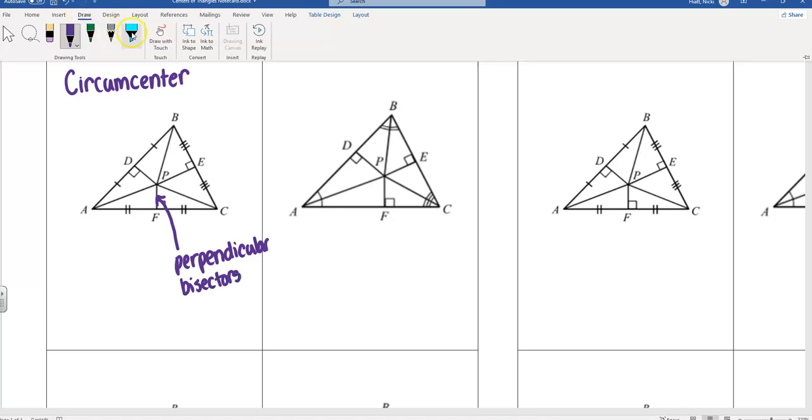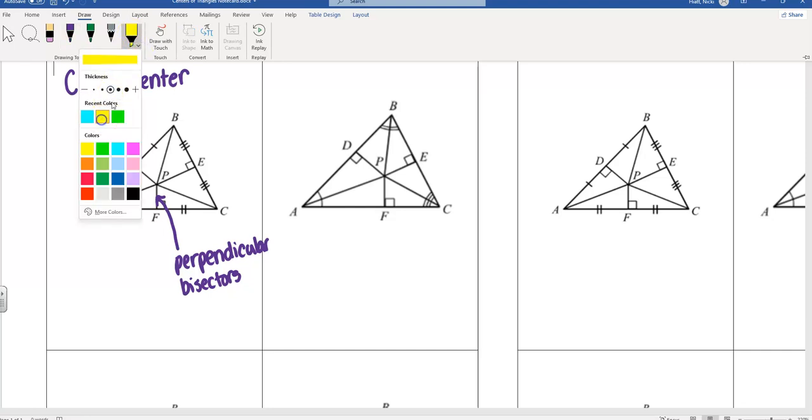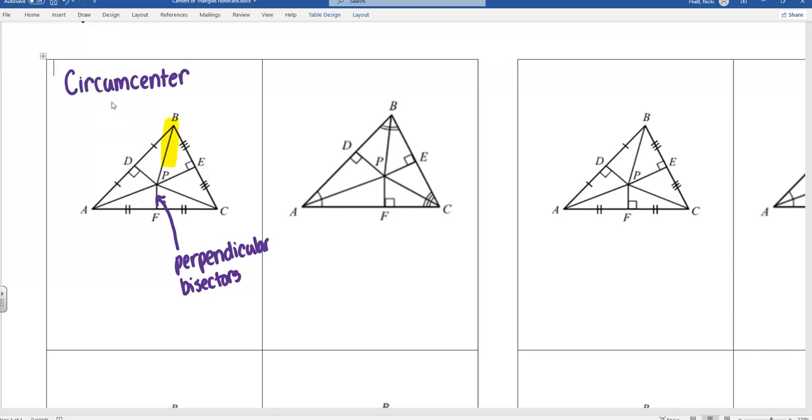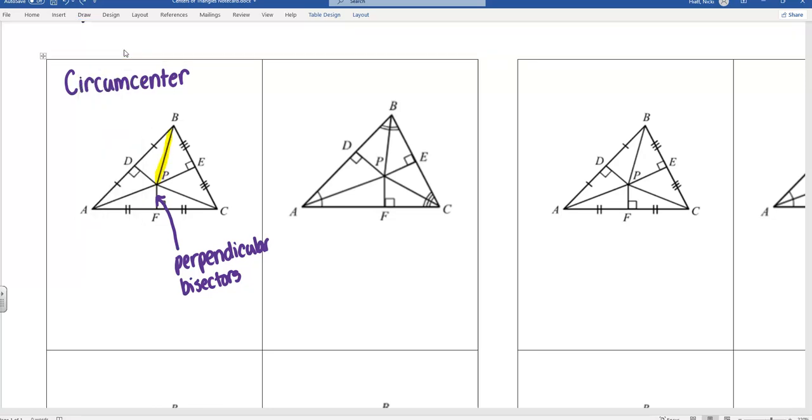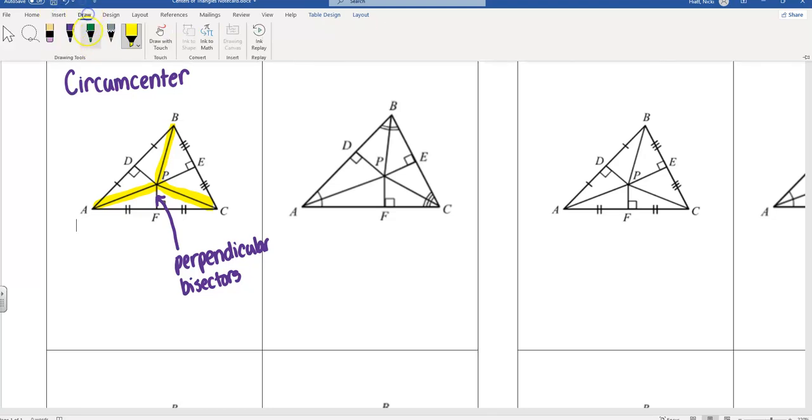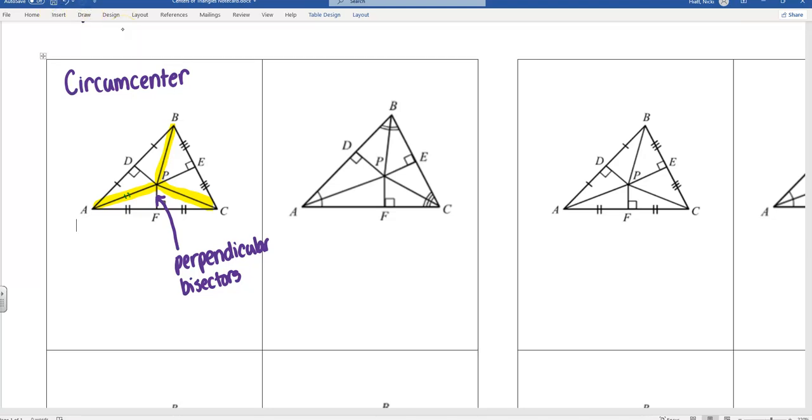And if I had a highlighter, I would highlight these three here to show and mark that.